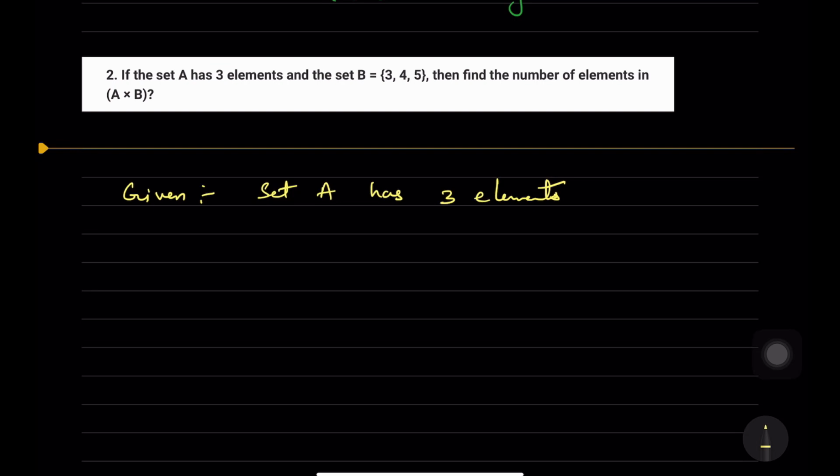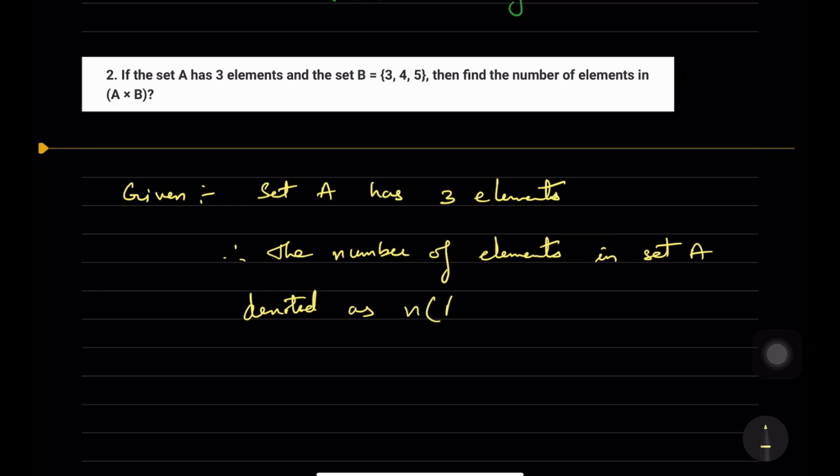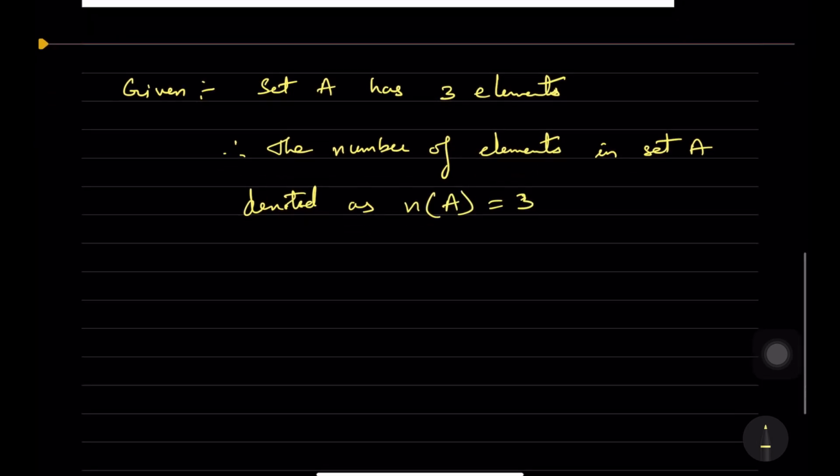So therefore the number of elements in set A, denoted as n of A, is equal to 3. So we have n of A is equal to 3. Now here set B is equal to what?